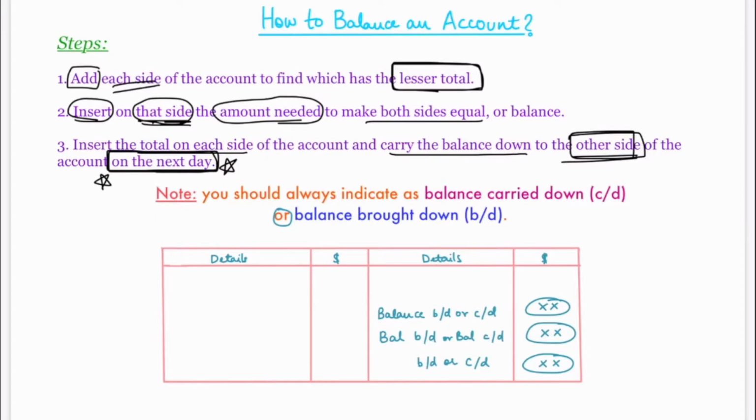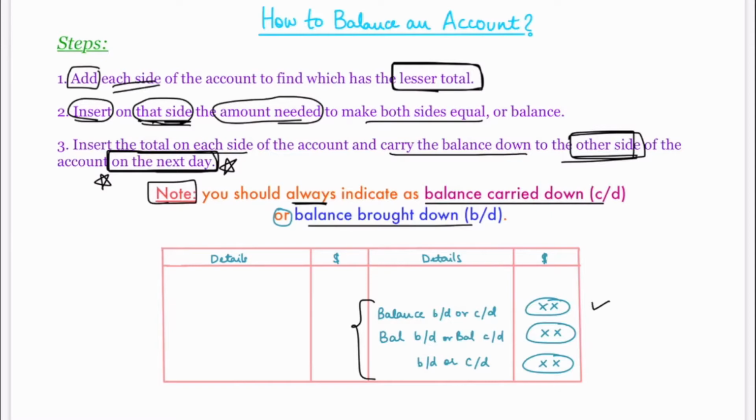Now a note. You should always indicate as balance carried down or balance brought down. Here are three representations for the balancing figures. First, balance brought down or balance carried down. This is the right way. The second is balance brought down or carried down with balance in short.